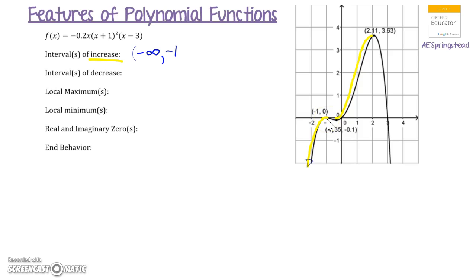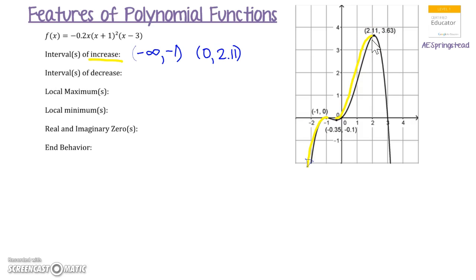And typically when we're working with intervals of increase and decrease, we use the parentheses as our interval notation instead of the square bracket because really it's not increasing or decreasing right at the point negative 1, 0. Now for the second interval, it's increasing from an x-coordinate of 0 all the way up to an x-coordinate where it stops right here at 2.11.